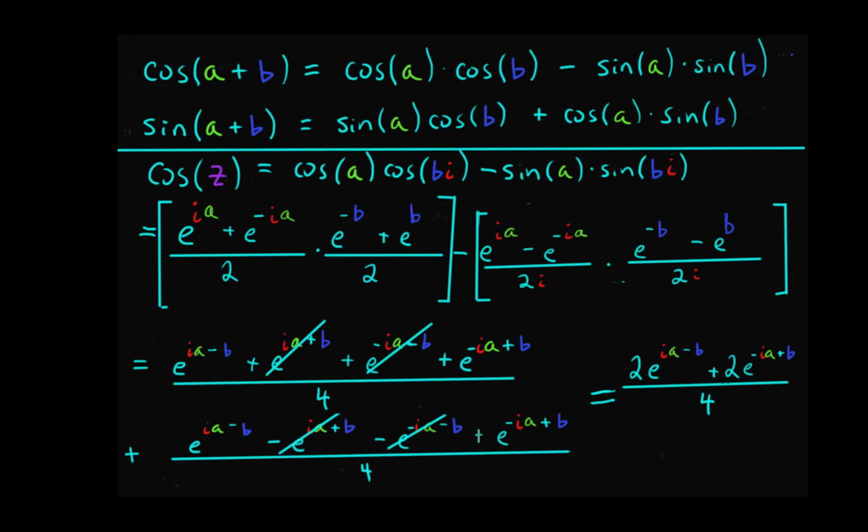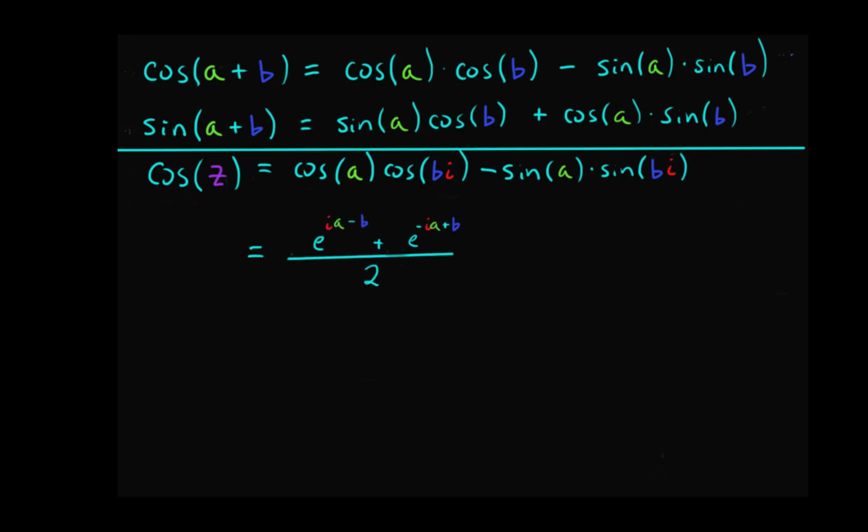And when we divide through by 4, the 2's cancel in the numerator, and that 4 in the denominator becomes a 2. And so we finally get that cosine of z equals e to the ia minus b plus e to the minus ia plus b all over 2.